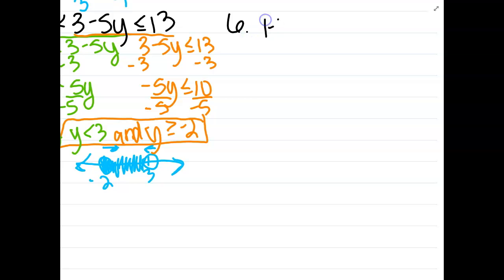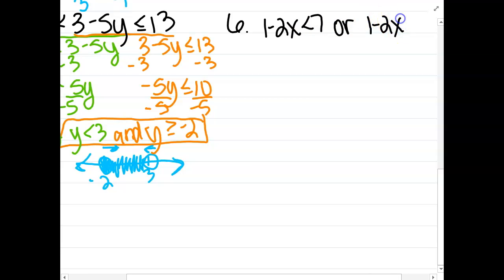All right, 1 minus 2x is less than 7, or 1 minus 2x is greater than 7. Okay, now this one is an or, because I see the word or. Kind of like the last problem, be really careful here.